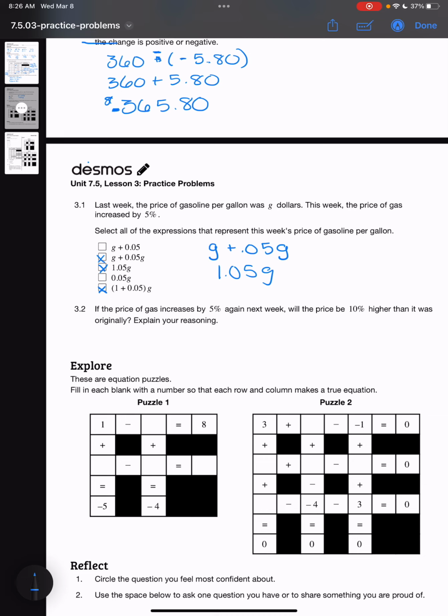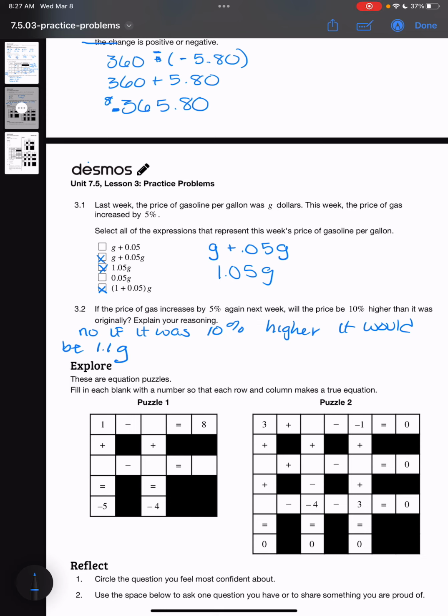If the price of the gas increases by 5% again next week, the price will be 10% higher than it was originally. So the answer is no. If it was 10% higher, it would be 1 plus 10% of the gas.